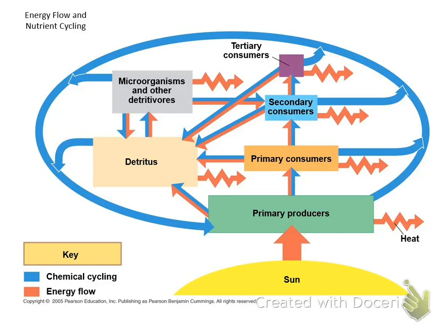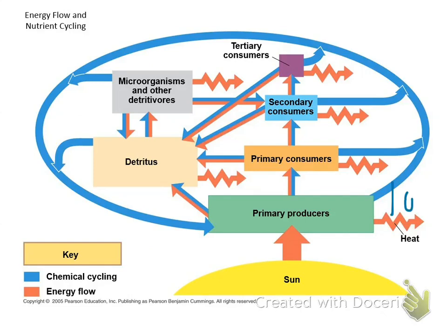What does the zigzag mean? Look at the picture. What's the red doing? Passing energy. Okay, the red is going from trophic level to trophic level, yes. It's coming from the sun, going all the way up to consumers. And what are the zigzag lines doing? Some of that energy being released as heat. Yeah, lost as heat, right?